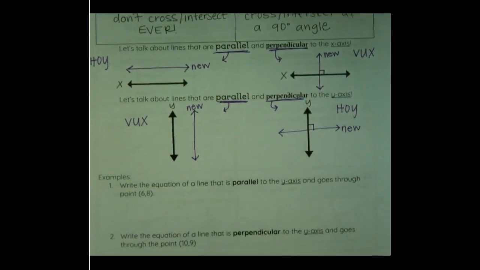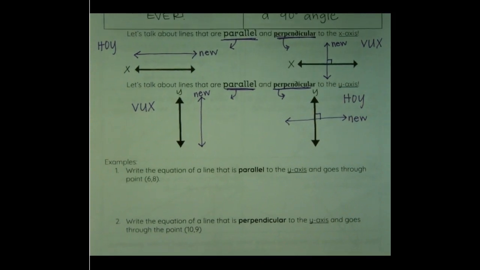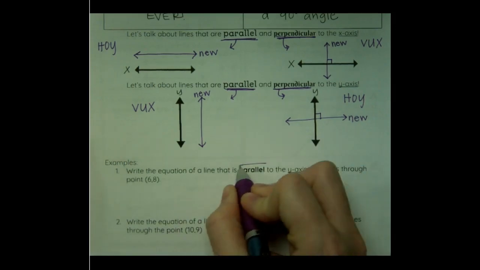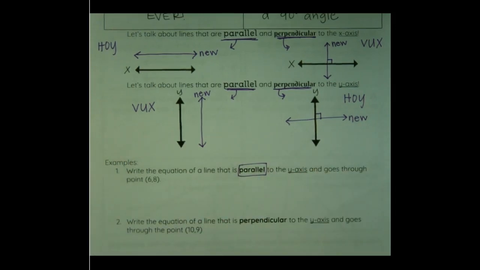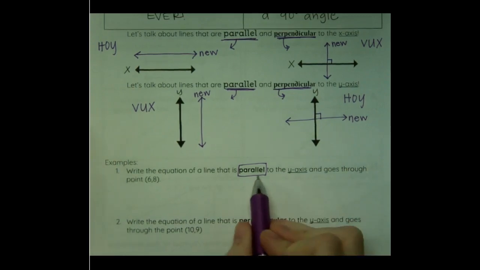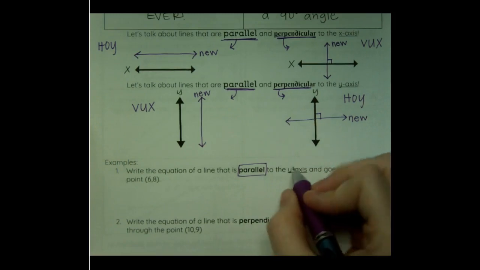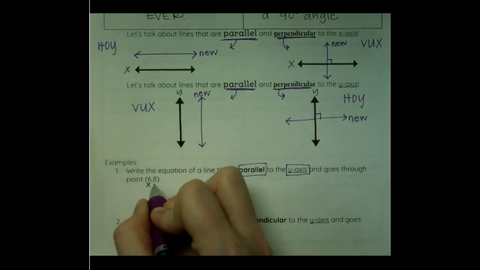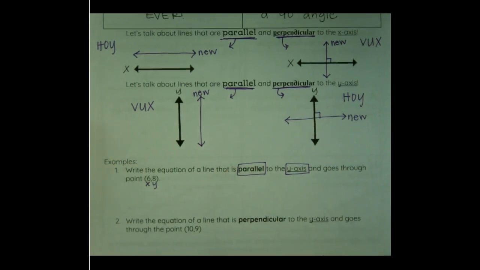So let's look at example number 1. Let's see our top part. Okay, so it says write the equation of a line that is parallel to the y-axis and goes through the point 6, 8. So I know I'm looking for a line that's parallel. It has to go with the y-axis, and I'm going to label my point x, y.